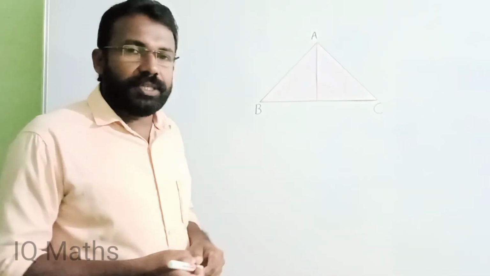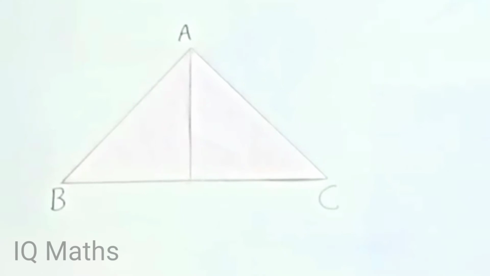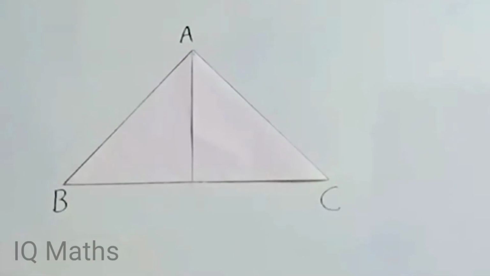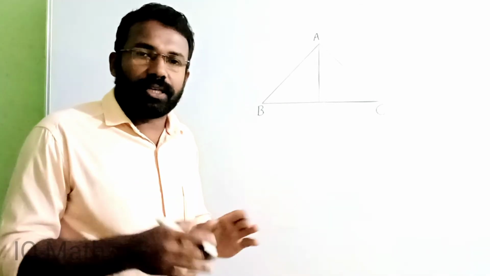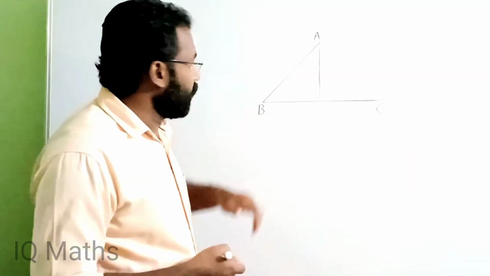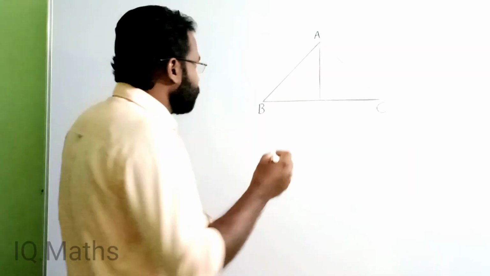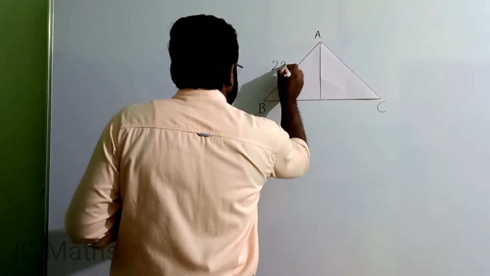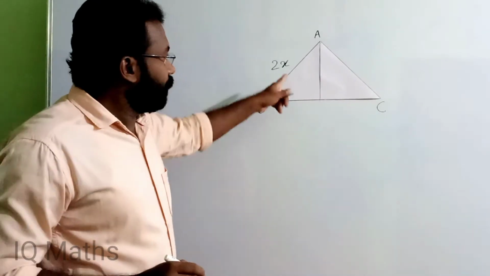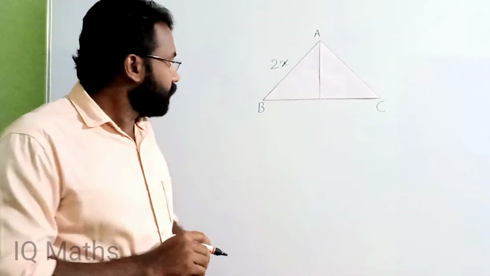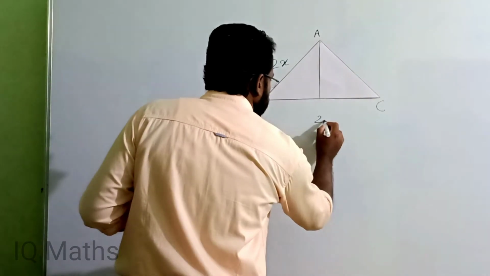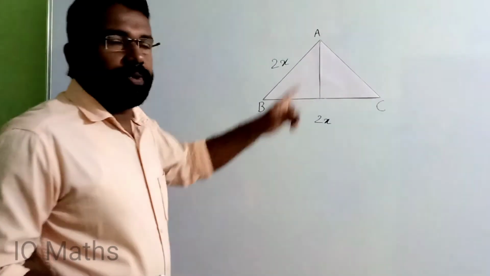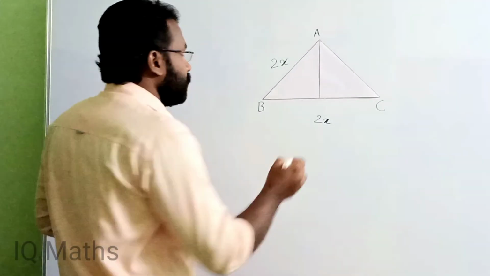Consider the triangle ABC, where ABC is an equilateral triangle. You know what is an equilateral triangle? All the three sides are equal. Consider AB is equal to 2x. If AB is equal to 2x, BC will be 2x. AC will be 2x.